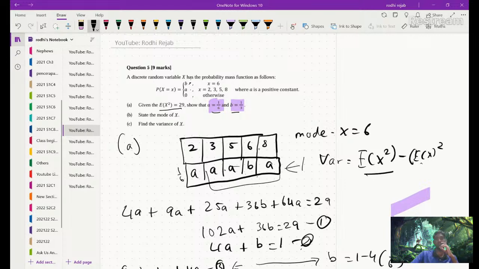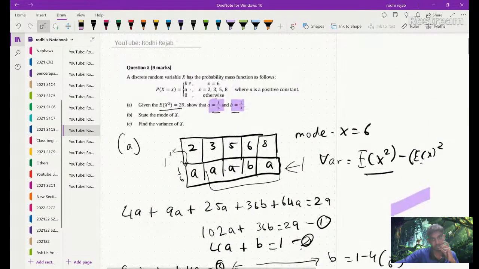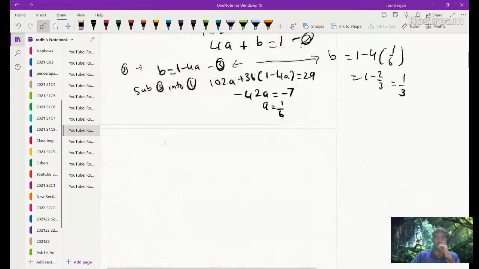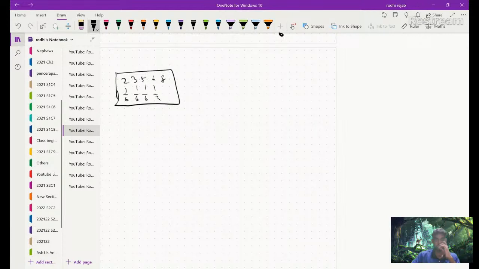So we have to find the mean. How do we find the mean? We multiply each x value by its probability. I'll plot the table again: 2, 3, 5, 6, 8, with probabilities 1 over 6, 1 over 6, 1 over 6, 1 over 3, 1 over 6.